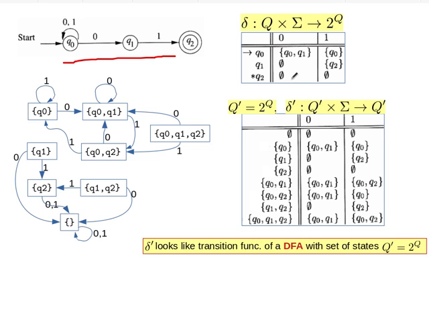So this part actually is just the same as this part, just that we are expressing these things as singleton sets. But now if you consider, say, this set of current states, so now instead of just a single current state, we are considering the possibility that we could be in q0 or we could be in q1.